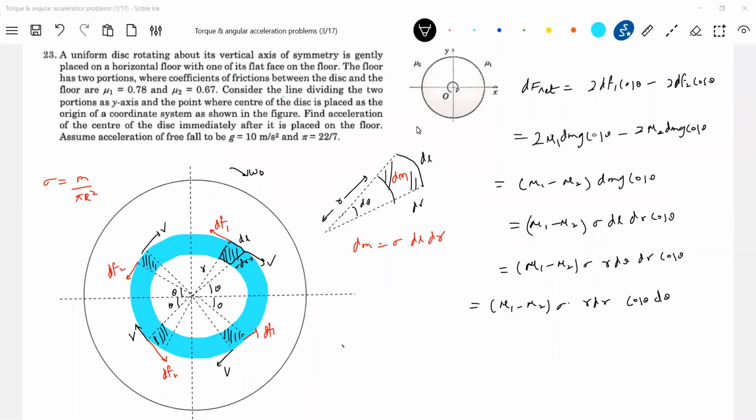Can we integrate? Yes, we can integrate. To get the net force, for this limit put 0 to capital R, and for this limit 0 to pi. This is called a surface integral.